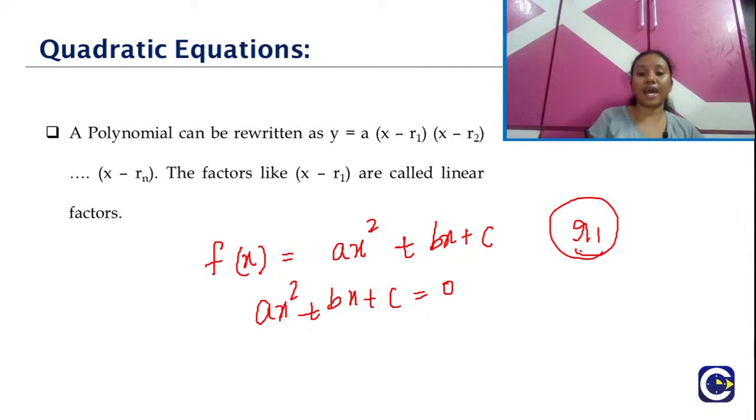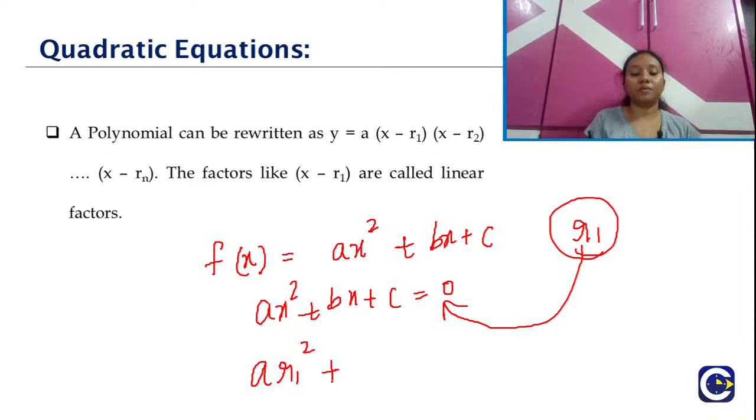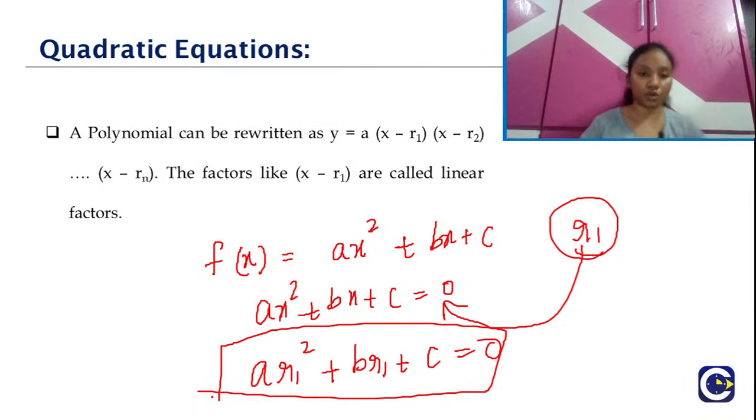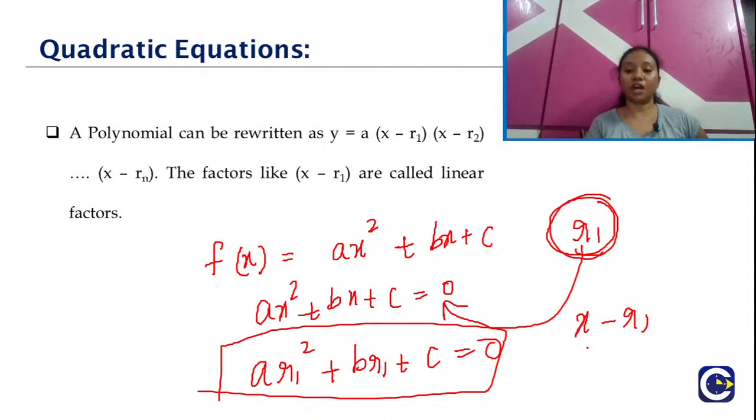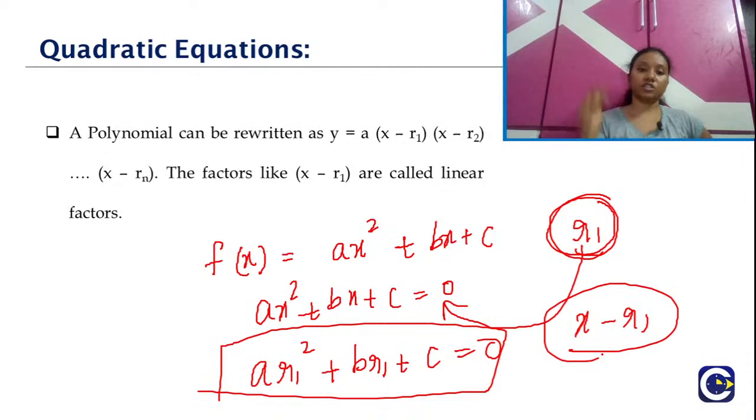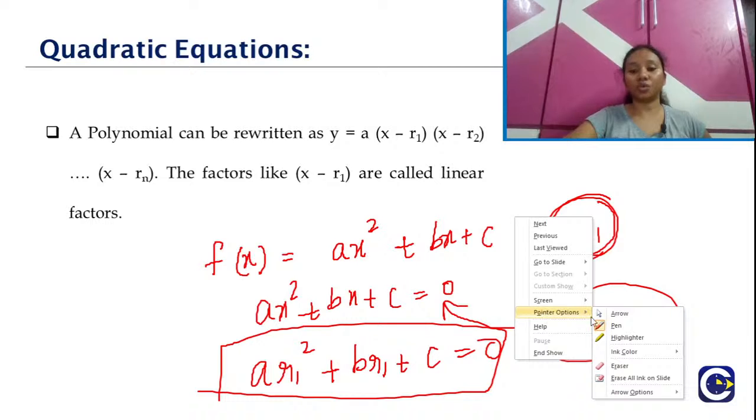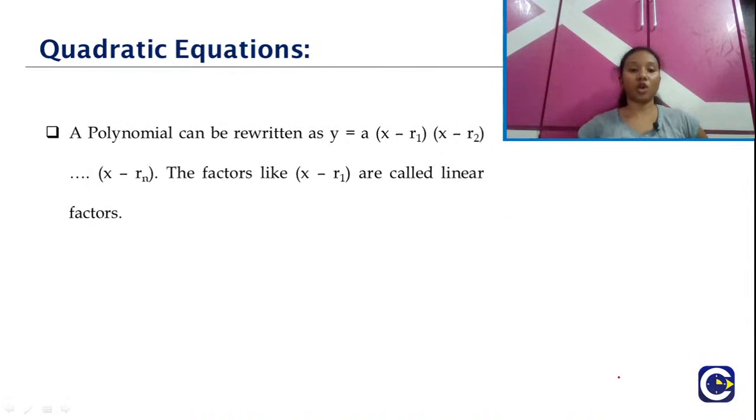Then, as R1 is the solution of this quadratic equation, it has to satisfy the equation, which means a R1 square plus b R1 plus c should be equal to 0. Yes or no? Because the definition of a solution is that it has to satisfy the corresponding equation. Which means if this is my root, then what about my factor? I can write this as x minus R1, right? So what it states here is, using the root, we can get back to the polynomial.